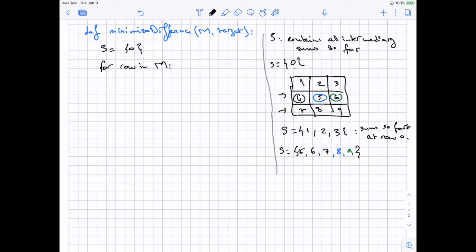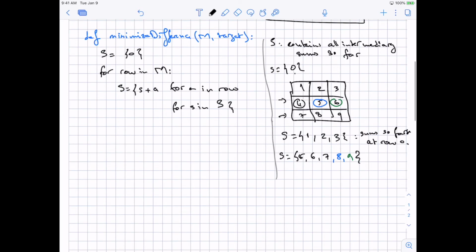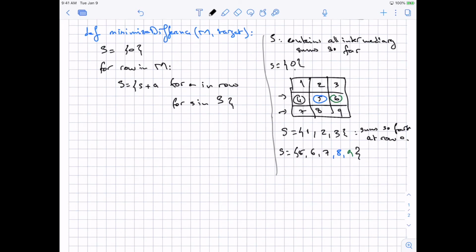So our S each time just becomes S plus A for A in row, and then for S in S. What we did here is each time we picked a value in the row, we added it to a value in the sum, and that's exactly what we are doing here. You can think of this as doing two loops essentially, right? One over the row values and one over the sum values. That's exactly what we need to do here. And we keep them in a set.